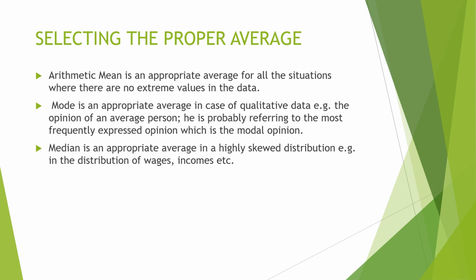For example, the opinion of an average person is probably referring to the most frequently expressed opinion, which is the modal opinion. Next is, median is an appropriate average in a highly skewed distribution, for example, in the distribution of wages, incomes, etc. So this is all about selecting the proper average.